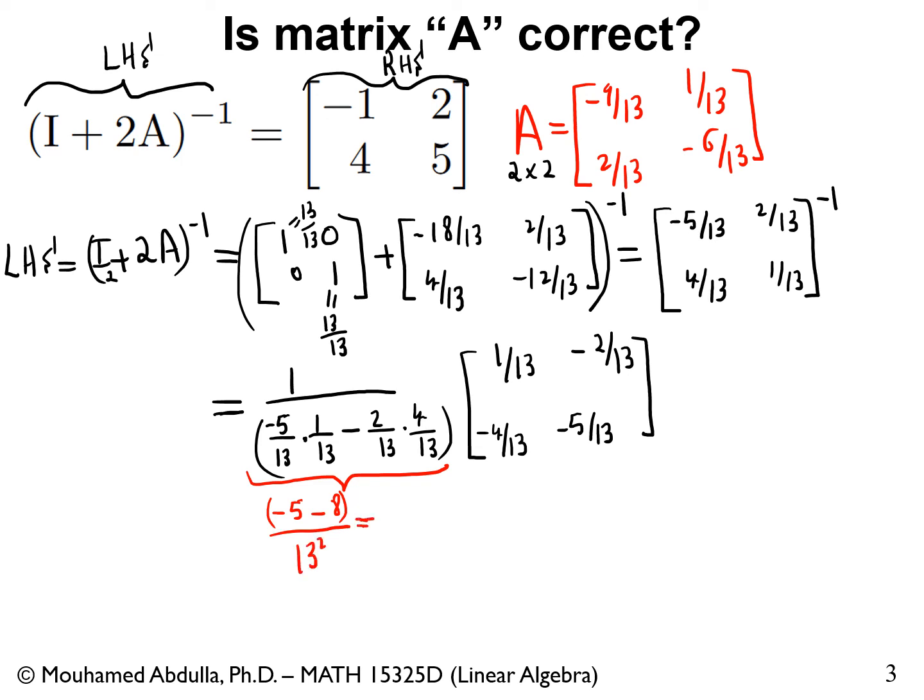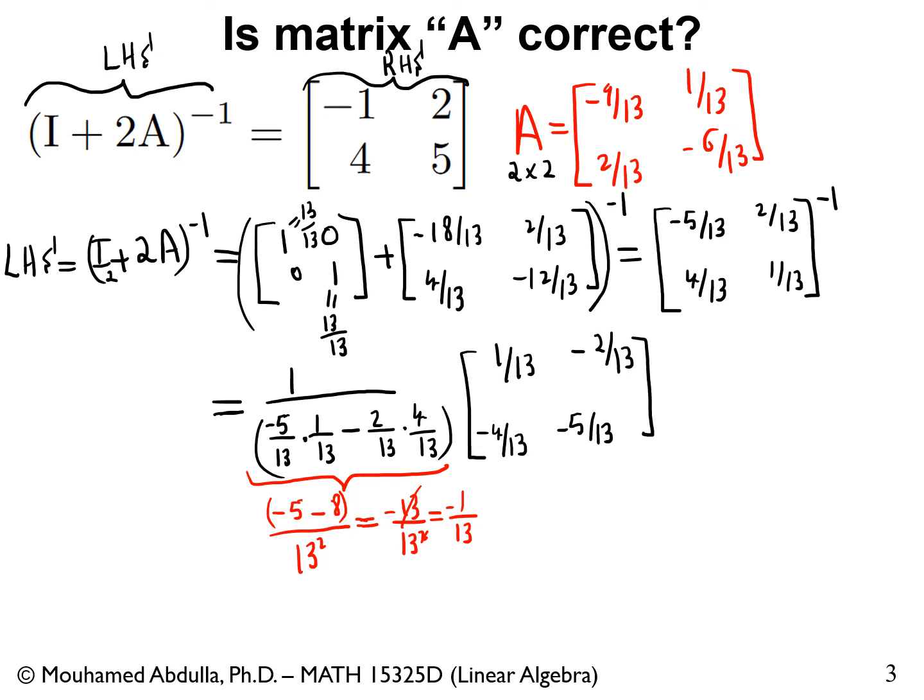So on the numerator, we have minus 5 minus 8, which becomes minus 13 over 13 squared. In fact, this becomes simply minus 1 over 13. And we do 1 over this. So in other words, all of this reduces to minus 13.